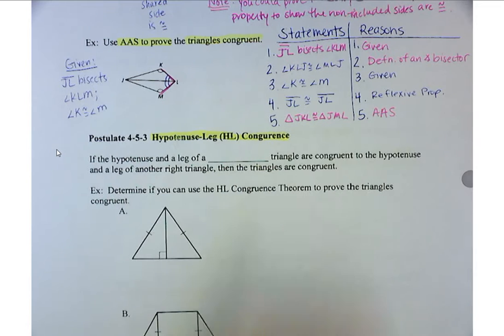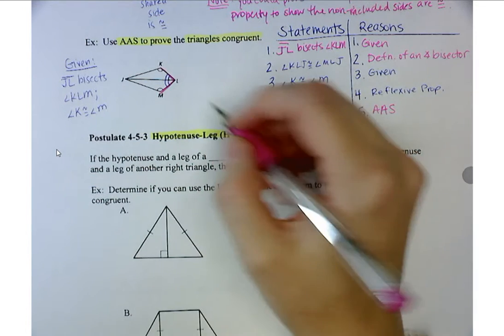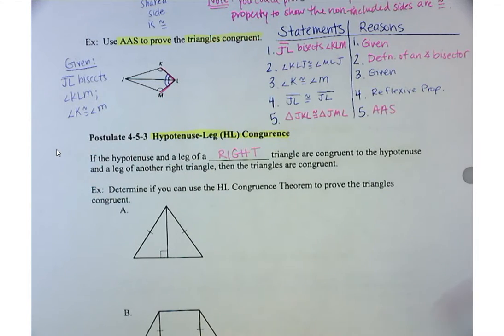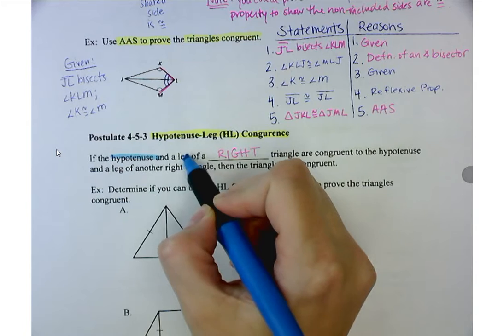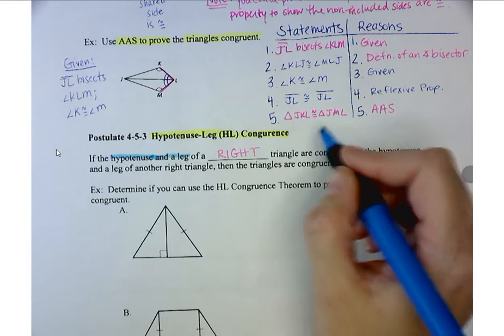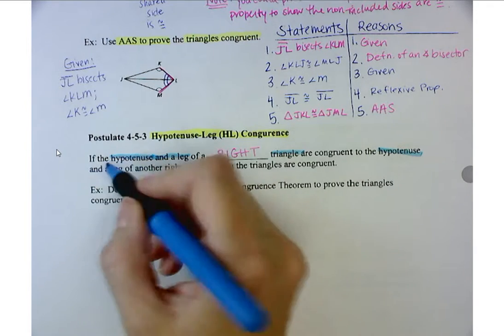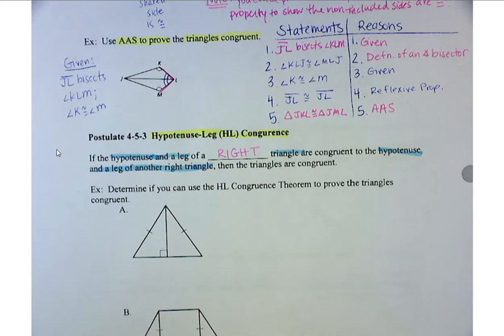The HL congruence stands for the hypotenuse leg congruence, and you can only use this if you have a right triangle. So if the hypotenuse and leg of a right triangle are congruent to the hypotenuse and leg of another right triangle, then we know the triangles are congruent.